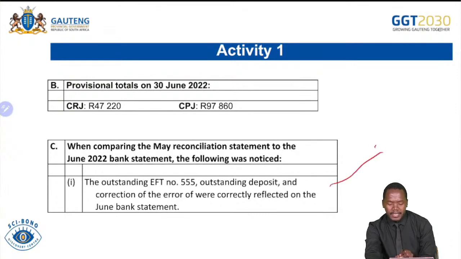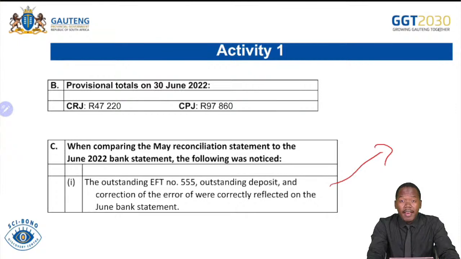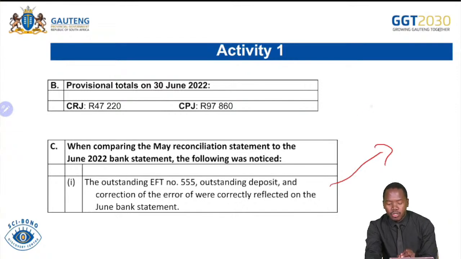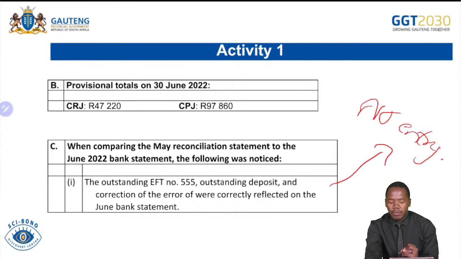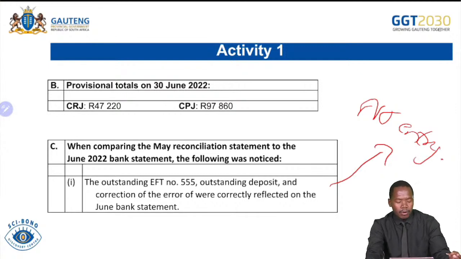Grade 12, please remember, our main aim here is to have figures correctly appearing on the journals and also correctly appearing on the bank statement. If we have that case, then we do not record. It's mission accomplished. So for this, we can say no entry. We won't be recording these two.